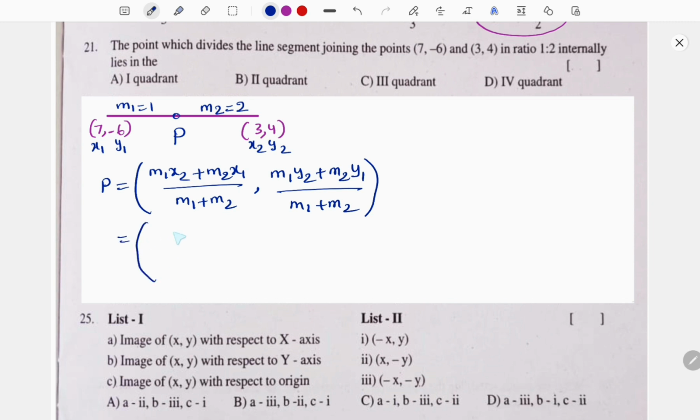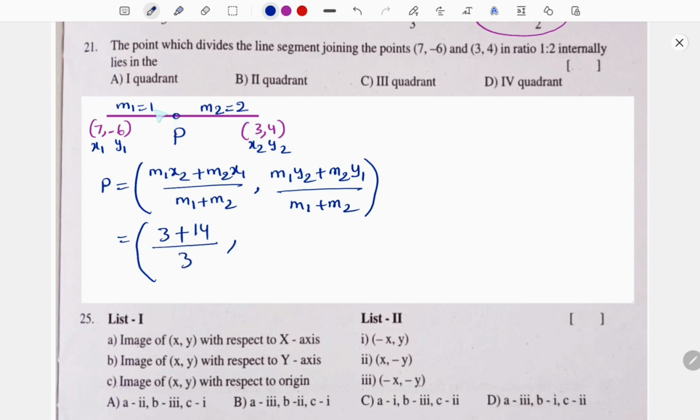That is equal to m1 is 1, x2 is 3, so 1 into 3 is 3, plus m2 is 2, x1 is 7, so 2 into 7 is 14, by m1 plus m2, that is 1 plus 2, 3.